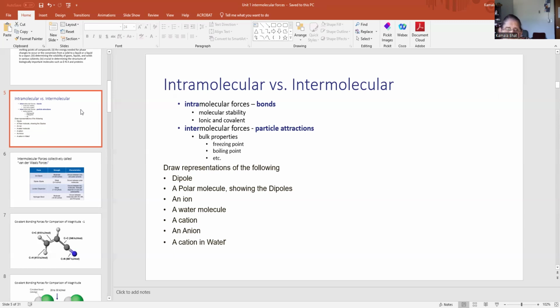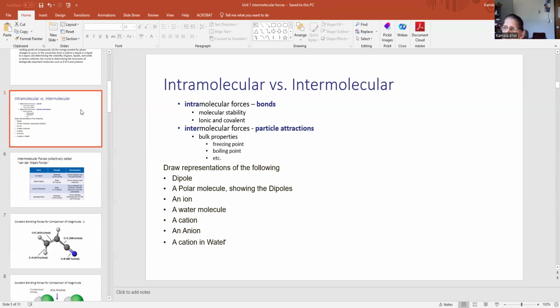Now, one exercise that I would like you all to do, before you continue with the slide, is to draw the representations for the following: a dipole, a polar molecule showing the dipoles, an ion, a water molecule, a cation, an anion, and a cation in water. Why am I asking you to do this?